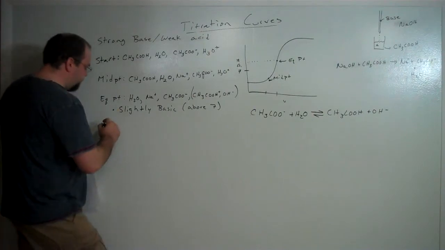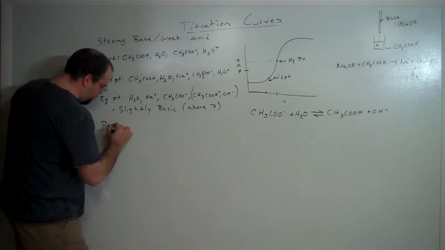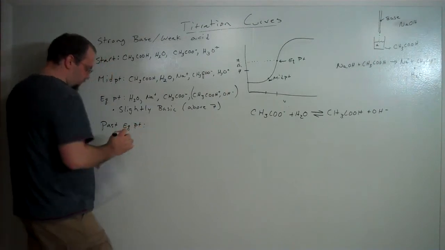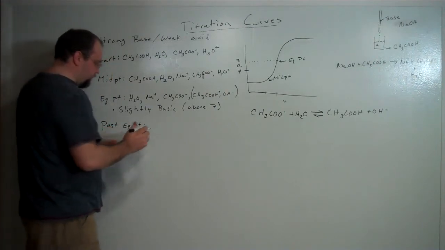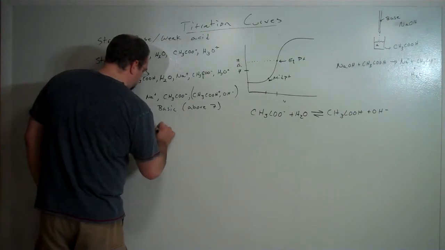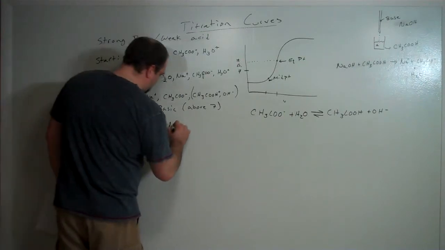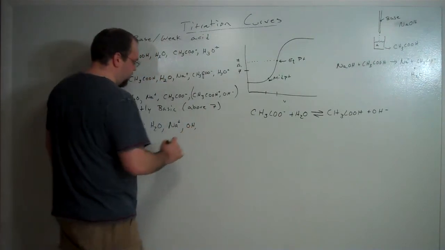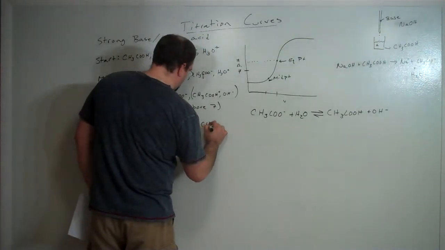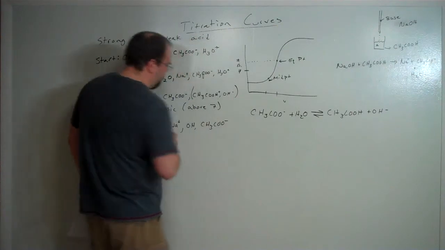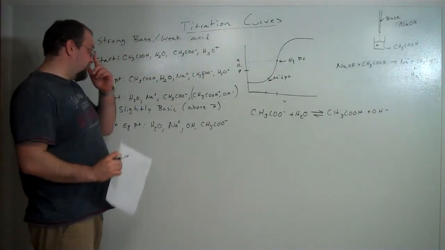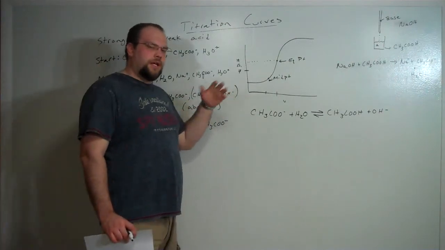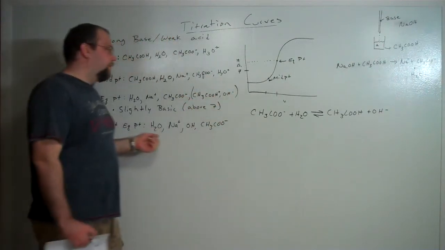And then past my equivalence point, this is where I'm going to get pretty much my H2O. I'm going to have a lot of Na, a lot of OH, and a whole lot of CH3COO minus. I will have maybe some acetic acid forming, but it's going to react with the OH immediately, like in our past example.